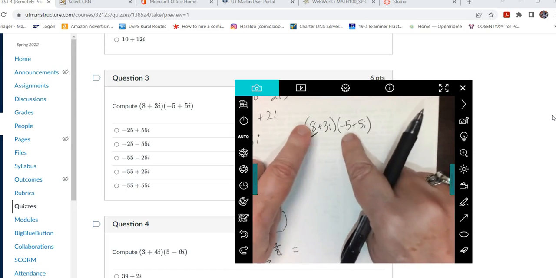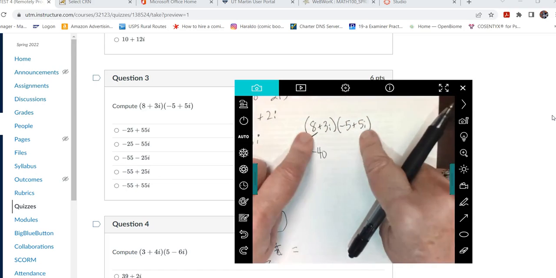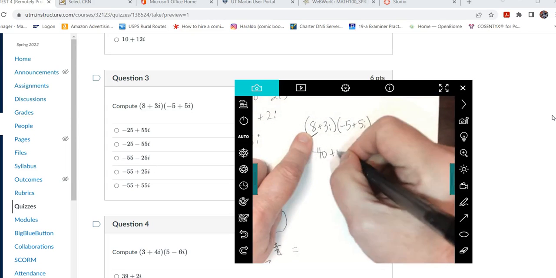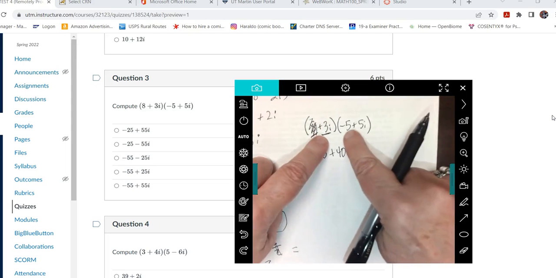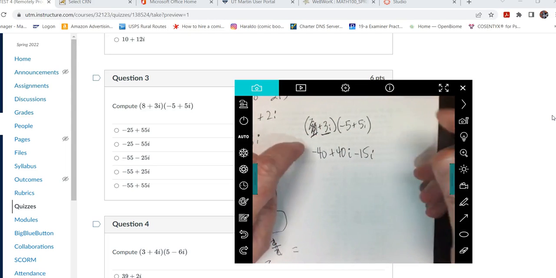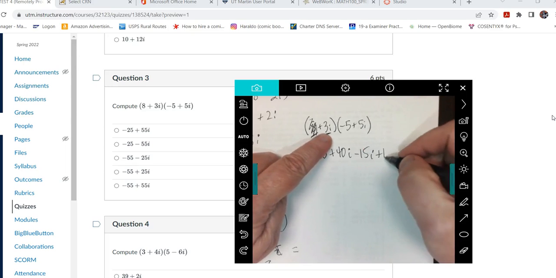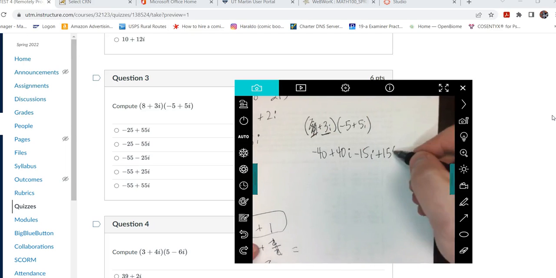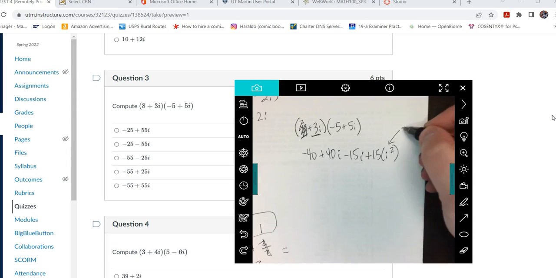So we're going to have negative 40 plus 40i. And then we're going to have minus 15i. And then we're going to have 3 times 5 is 15. And we're going to have i times i. Now, i squared is equal to negative 1.